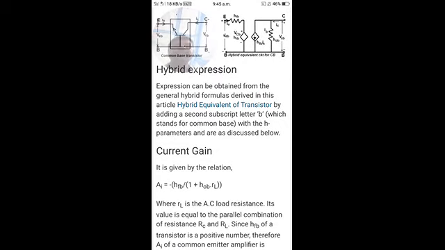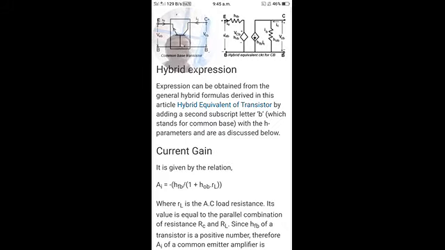Here only the second subscript changes. The expressions can be obtained in general from the hybrid formulas. We have the formulas for current gain, input resistance, output resistance, and voltage gain. By simply replacing the subscript according to the configuration, the second subscript, AI is hfb. Here AI is the current gain of the CB configuration.